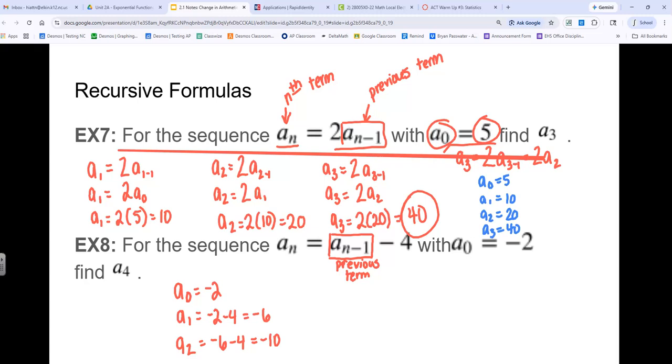So we're subtracting 4 each time. A sub 3 would be previous term, which is negative 10, minus 4, which gives me negative 14, and a sub 4 is negative 14 minus 4, which gives me negative 18, and that will be my final answer.